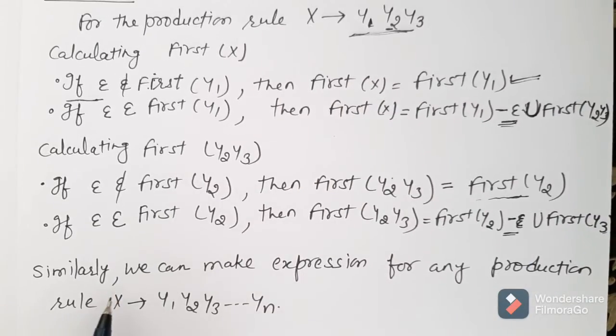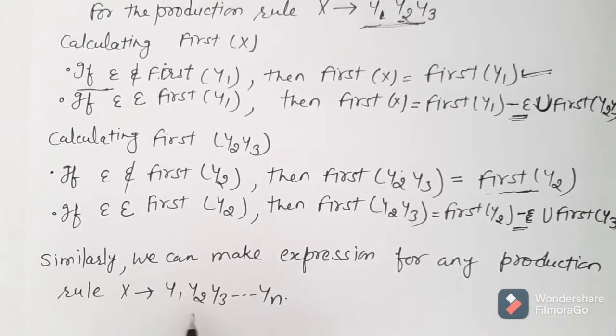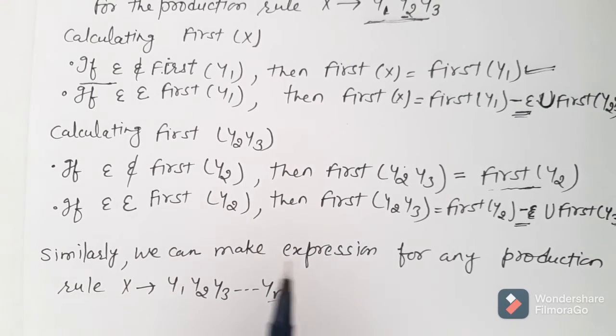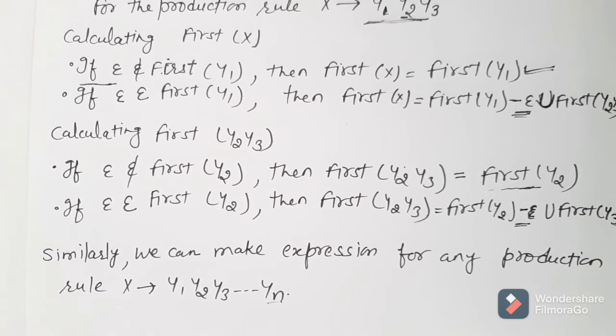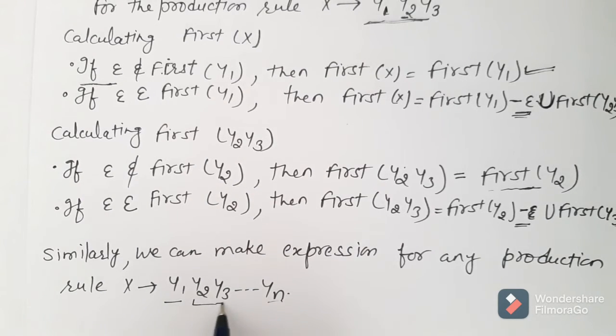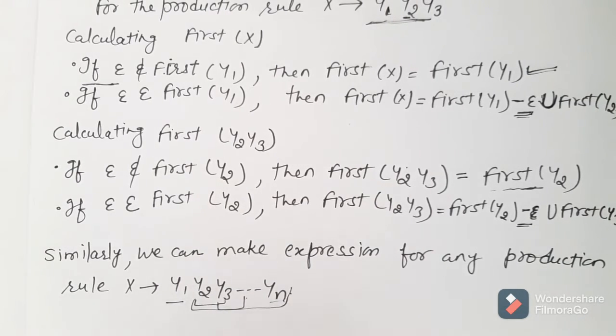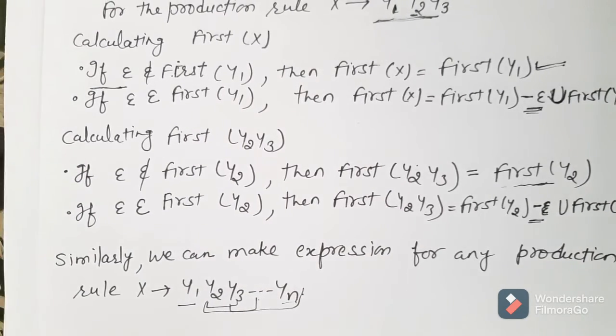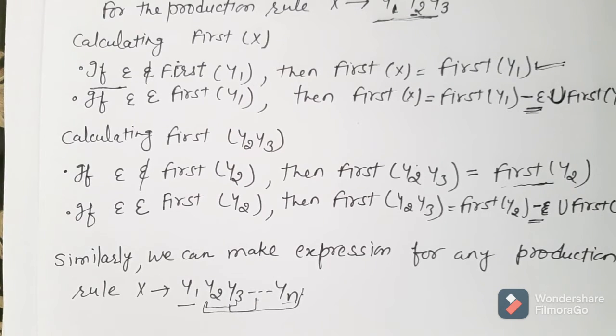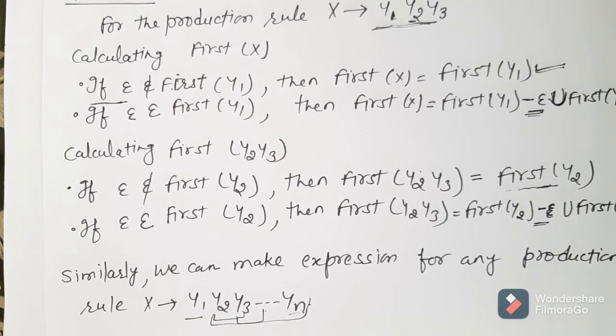And if there are a lot of symbols, meaning y1, y2 up to yn, then the same thing will repeat in a similar way. First we will look at this, then this, then this. In this way we can calculate the first of x, first of y1, first of y2, first of y3, and then according to this we can calculate the first.